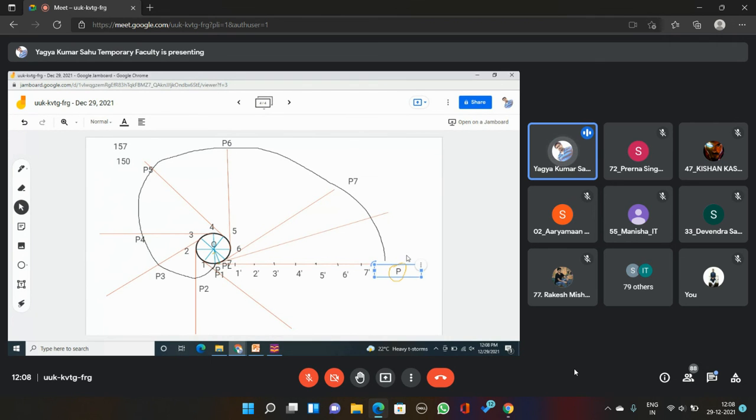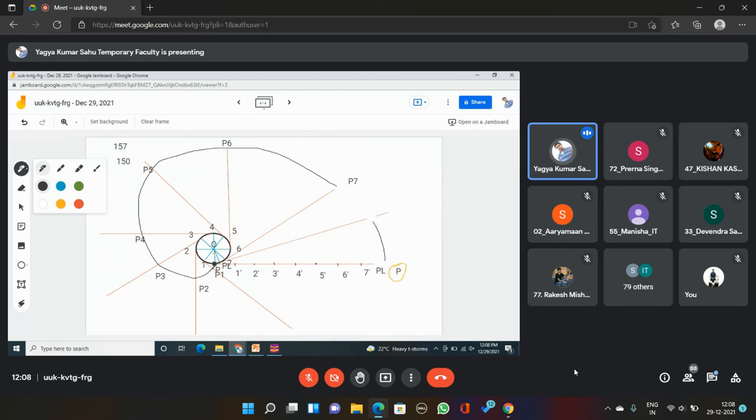So what about the radius now? The radius will be from the center to point PL. Erase this portion of R. Now the radius will change for this portion. It will not be the circumferential length.